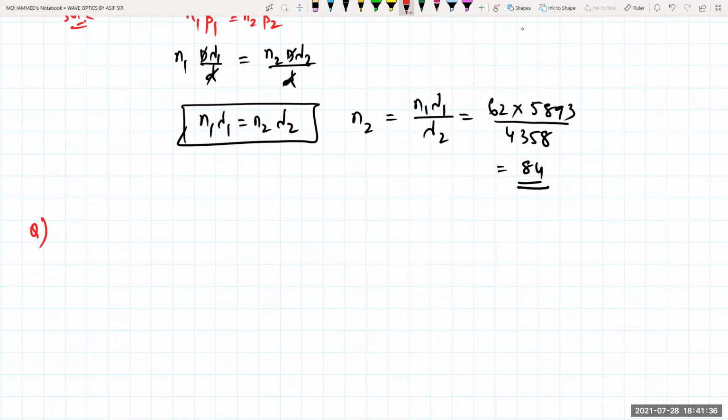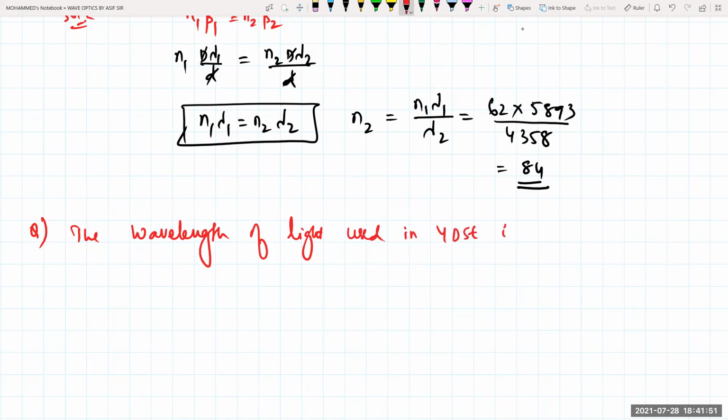Next question. The wavelength of light used in YDSE is lambda.